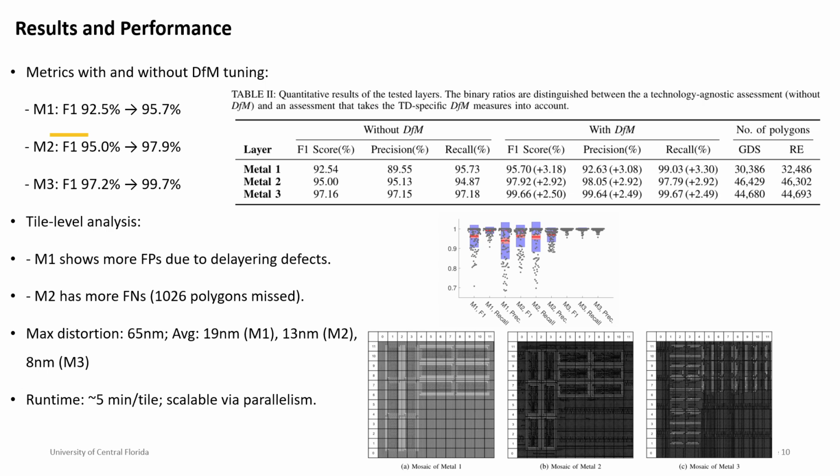On average, layout distortions were under 20nm and the tool processed each tile in around 5 minutes. This means that verifying an entire 1mm IC could take about 12 days, but it's highly parallelizable.